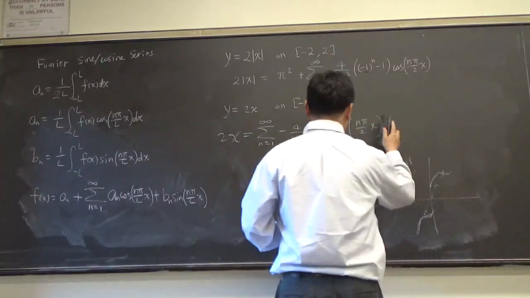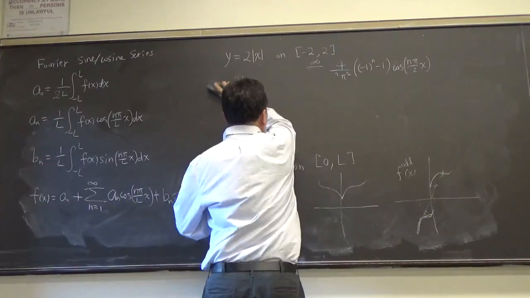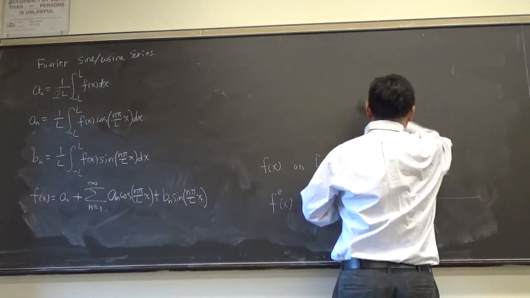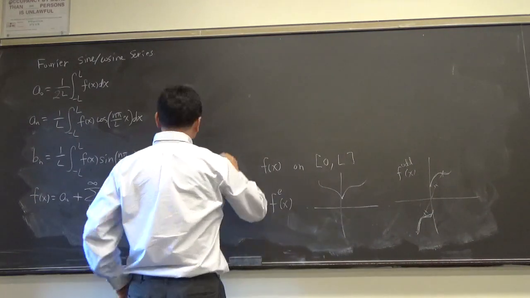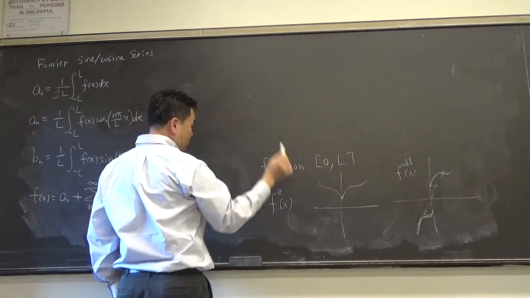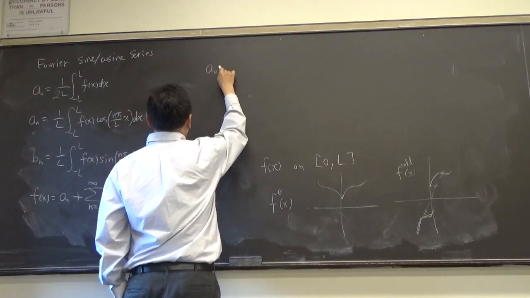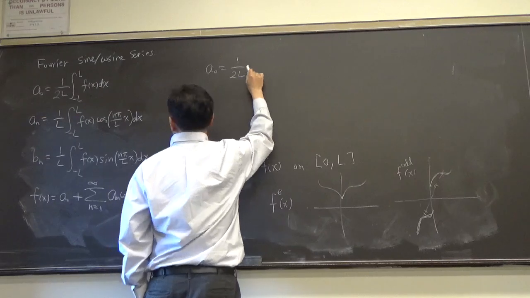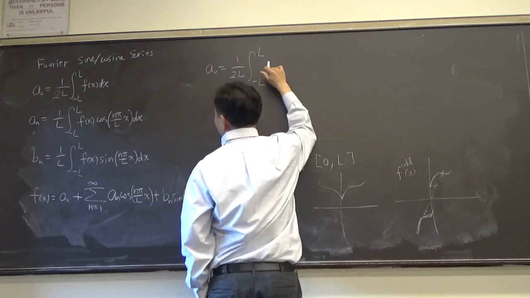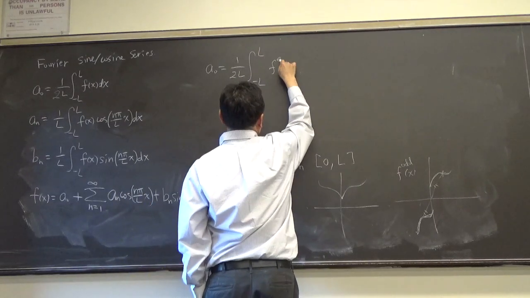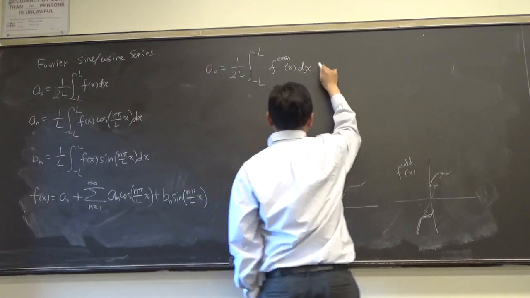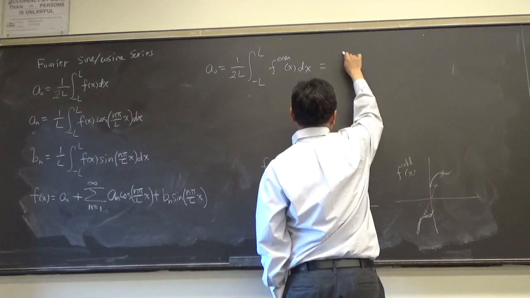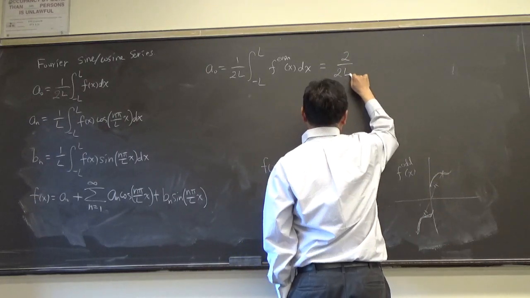let me now erase this one. But when you do the a0, which is 1 over 2L from negative L to L of f even extension of x dx, but then we can use the doubling trick, right?